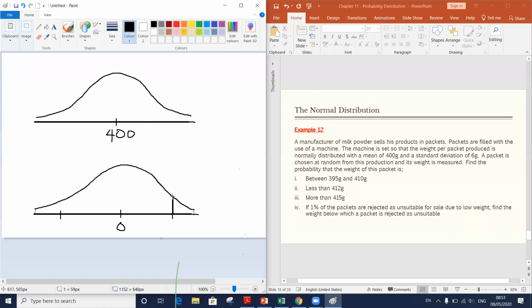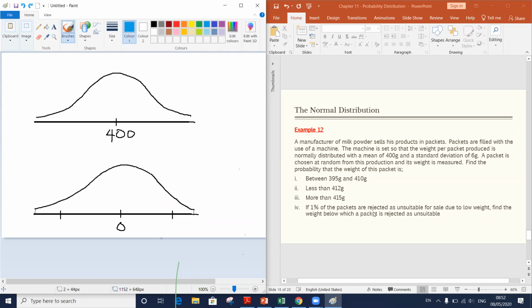Is it the red portion or the blue portion? 1% of the packets are rejected as unsuitable for sale due to low weight, so packets are rejected when the weight is low, below 400 grams. So it is talking about this part.